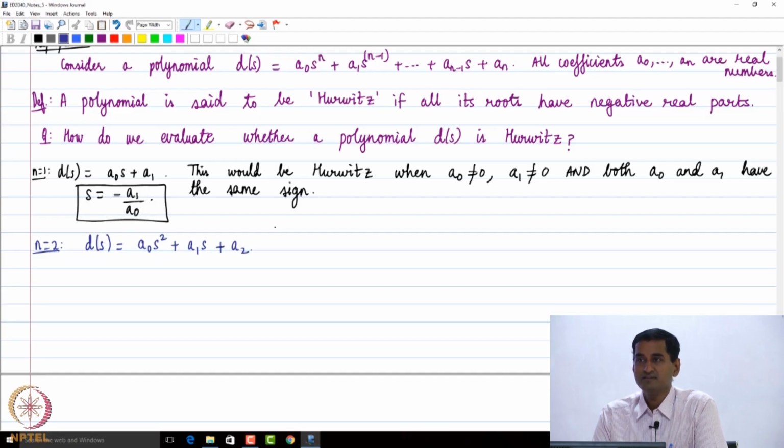So this is a second order polynomial, right? So I need to solve the quadratic equation a0 s squared plus a1 s plus a2. So when do you think this polynomial would be Hurwitz?